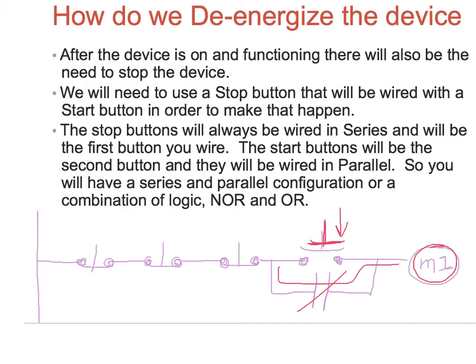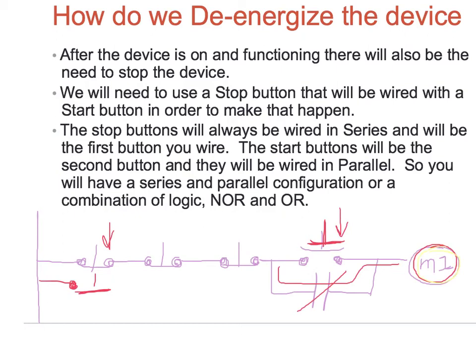So now, as long as things work properly, our M1 is going to continue to function until, notice what happens, I'm going to go ahead and act on one of these stop buttons over here, and so my stop button is going to open. So now my electron flow is going to stop right here. My electrons are not going to get past that point, and what happens then is my motor starter now de-energizes.